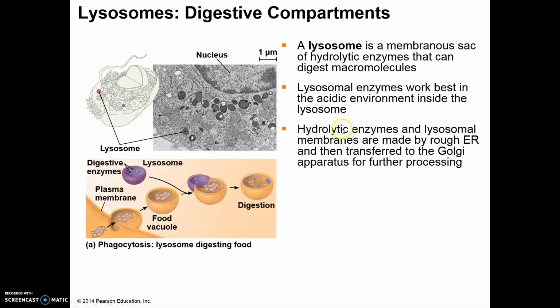Now, all those hydrolytic enzymes and that membrane material are essentially made in the rough ER, transferred through the Golgi apparatus, and along the way, these digestive enzymes are processed until they are eventually activated. You could imagine that if you had an enzyme that would break down macromolecules, you would need a safety on that.